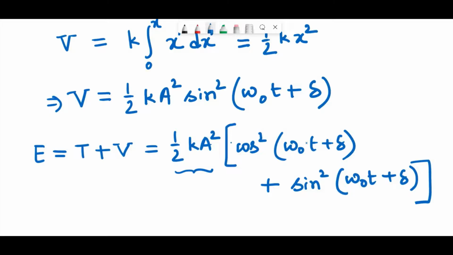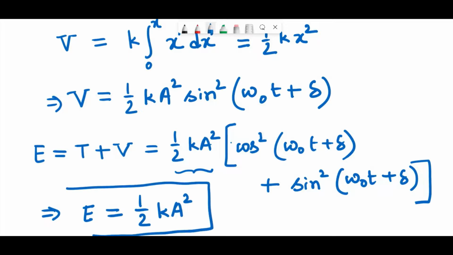And of course, the quantity in the square bracket gives us 1. So finally, we have the total energy of a one-dimensional simple harmonic oscillator to be this. And this is, of course, a constant. And therefore, the one-dimensional simple harmonic oscillator is a conservative system.